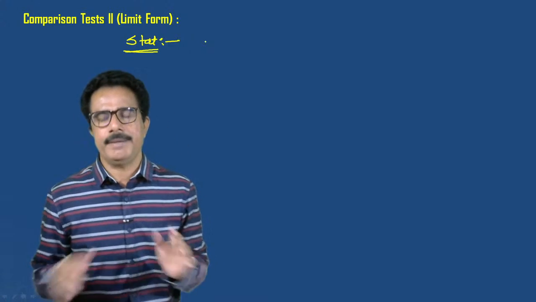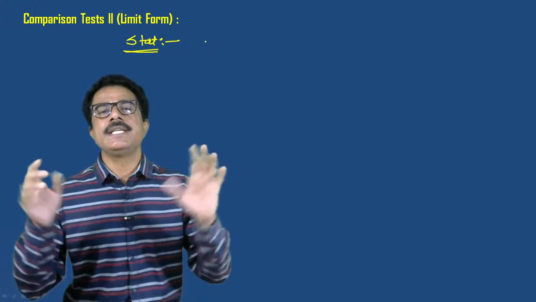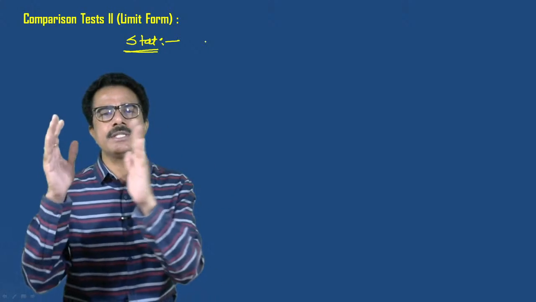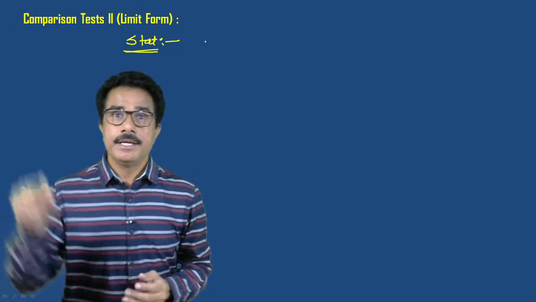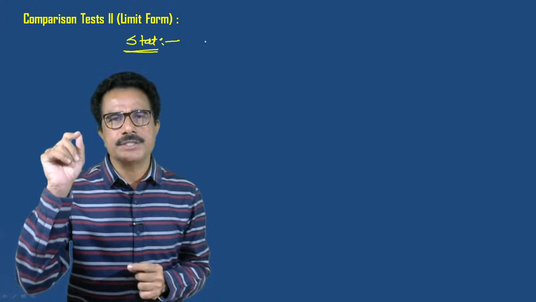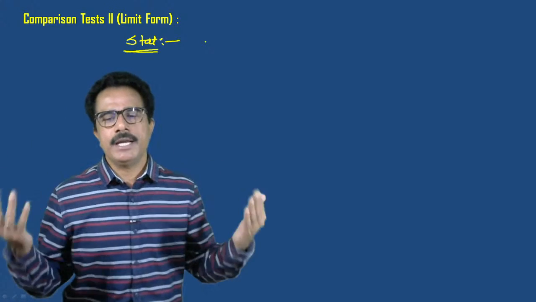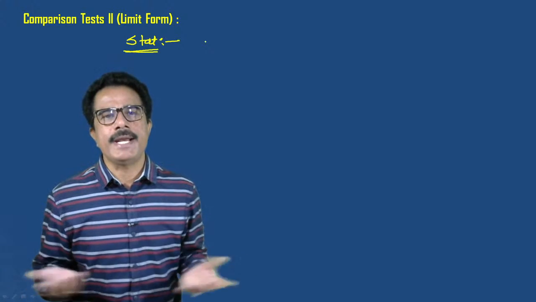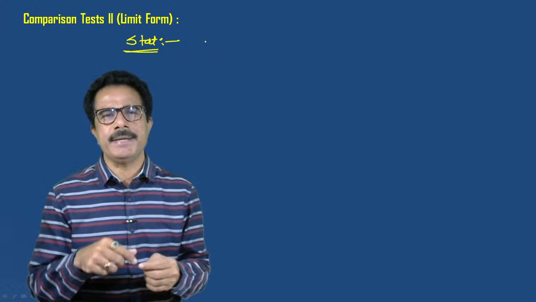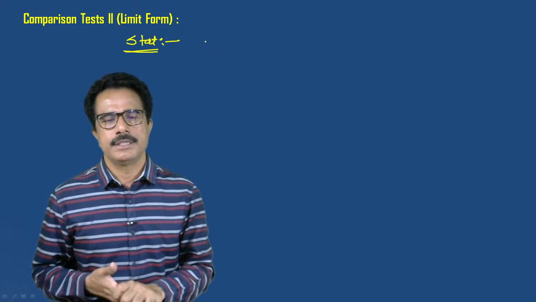This is the statement. परत एकदा मी statement सांगतो. If f and g are two positive functions on closed interval [a, b] such that limit x tends to a of f of x divided by g of x equals L, where L is a non-zero finite number, means there exists a limit of f of x divided by g of x.